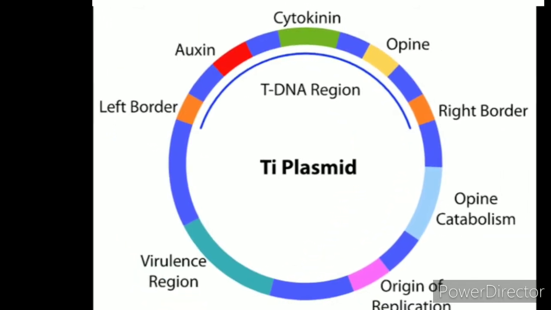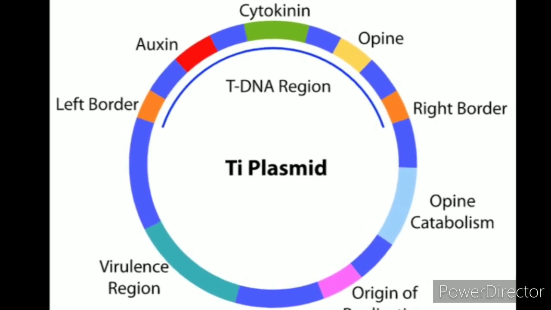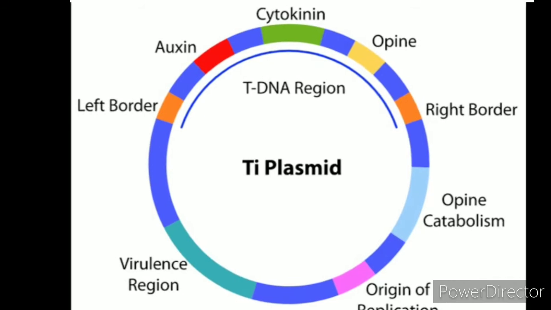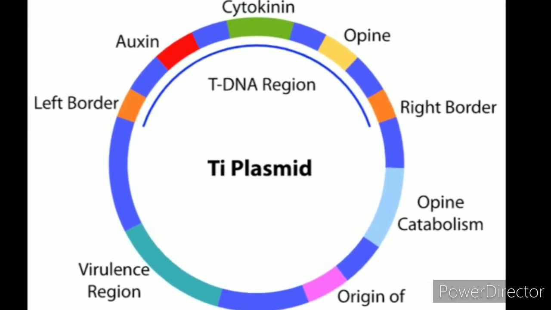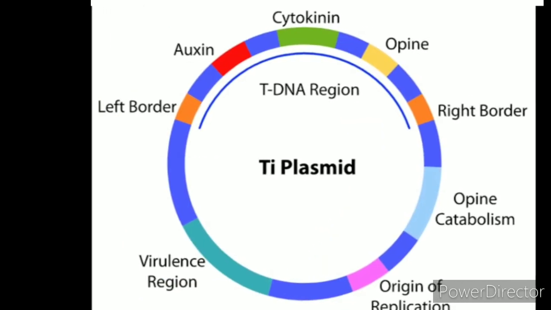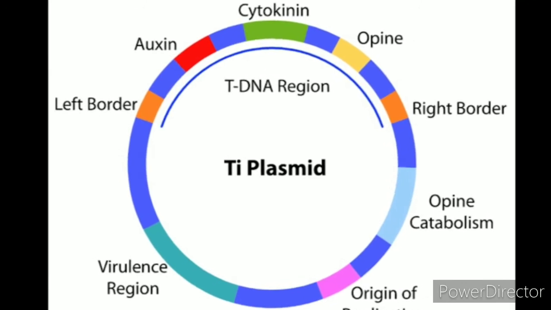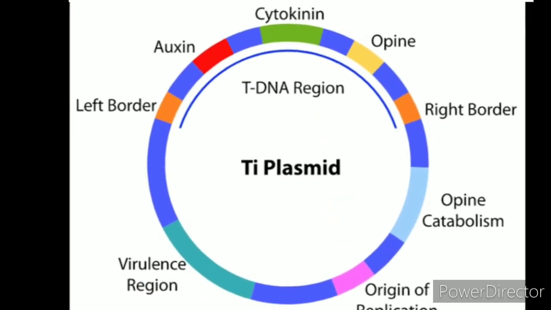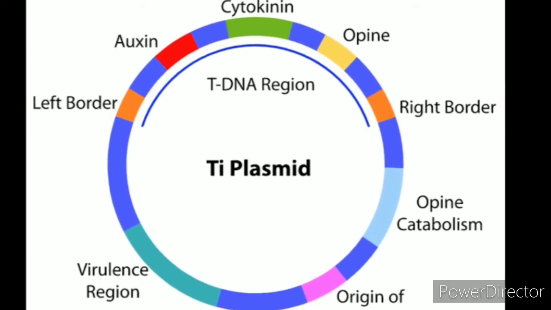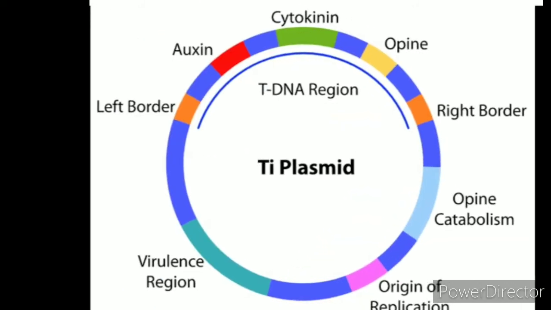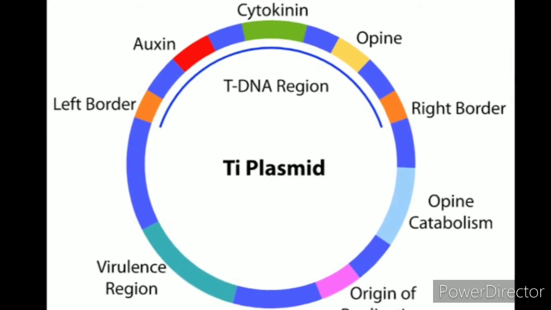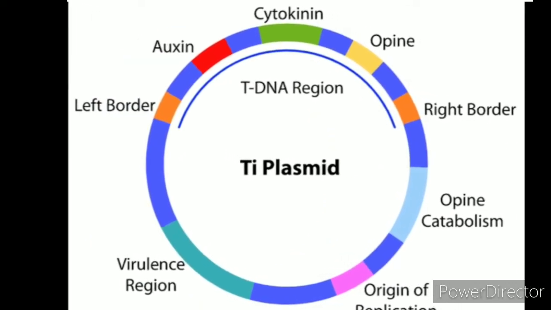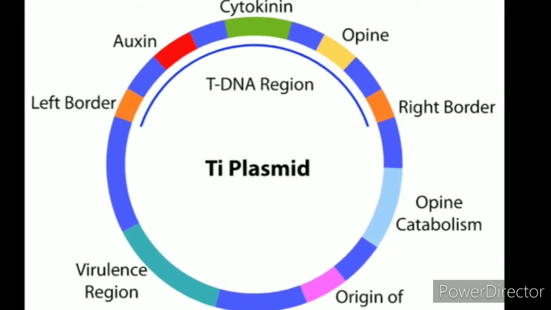It has the onc gene for oncogenicity, which means tumor inducing, the ori gene for replication, and the inc gene for incompatibility. The T-DNA of the Ti plasmid is stably integrated with plant DNA. Agrobacterium plasmids have been used for introduction of genes of desirable traits into plants.